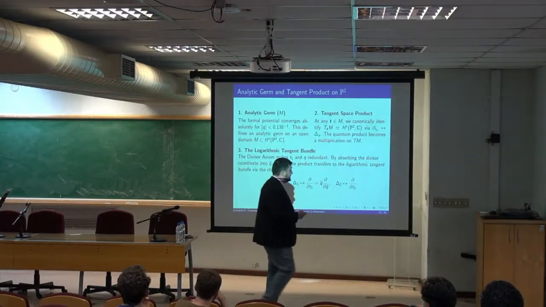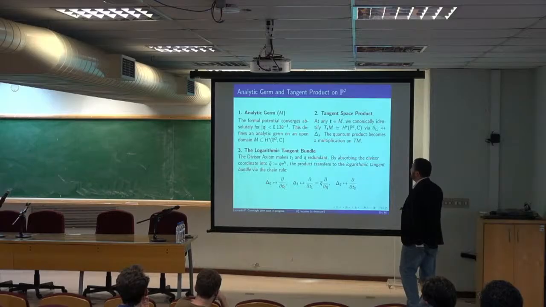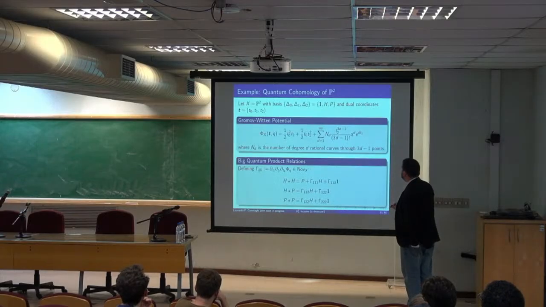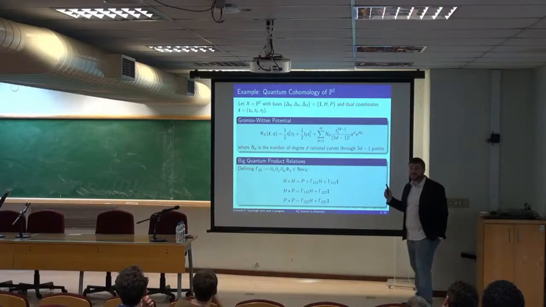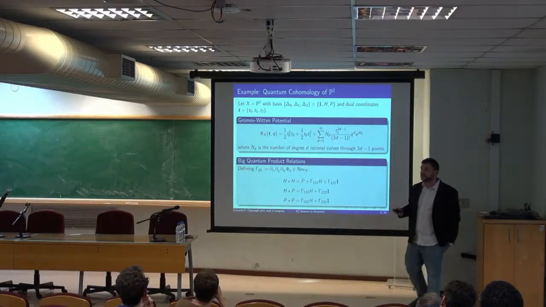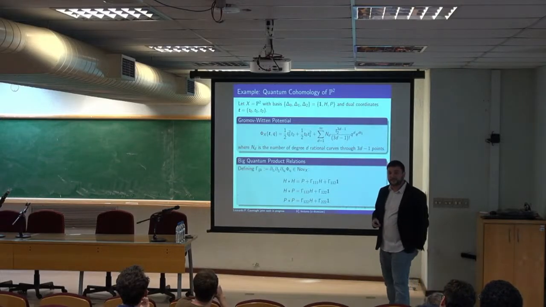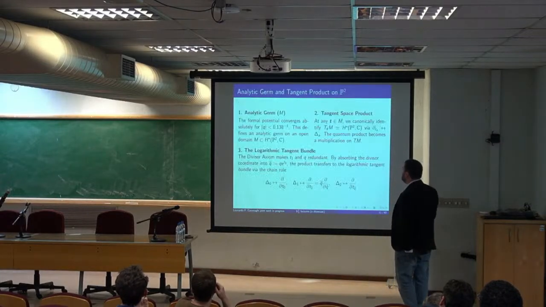Turns out that there is some redundancy here in these variables, in the sense that if you look, for instance, at these expressions, you see that the corresponding coordinate that is related to a class that lies on H2 comes together with this Q variable here. This is something that happens in Gromov-Witten theory, by means of something named the divisor axiom.